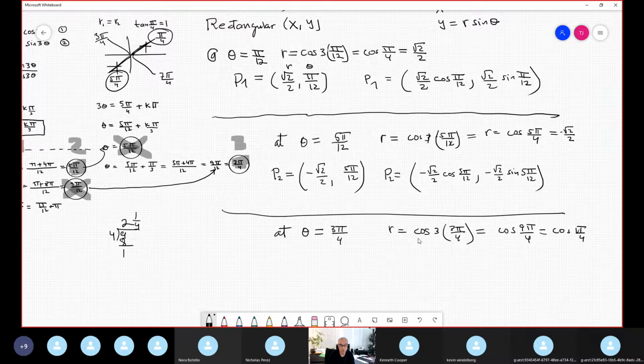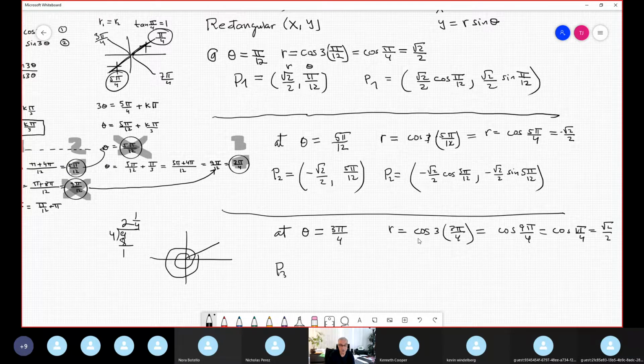It's like 2 revolutions plus 1/4 more. Here, boom, it's pi over 4, and pi over 4 is positive radical 2 over 2.